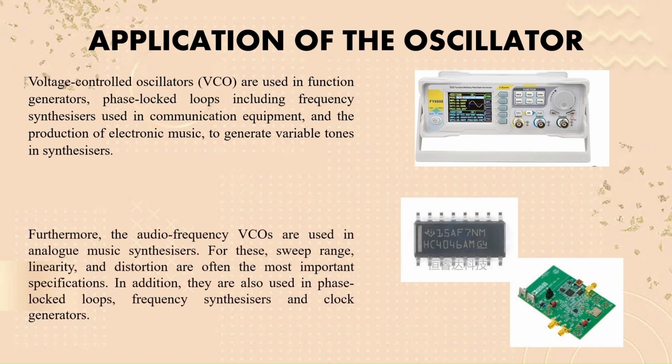Furthermore, audio frequency VCOs are used in analog music synthesizers. For this, sweep range, linearity, and distortion are often the most important specifications. In addition, they are also used in phase lock loops, frequency synthesizers, and clock generators.